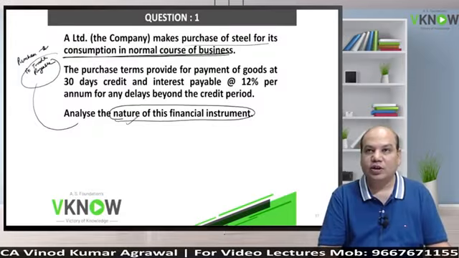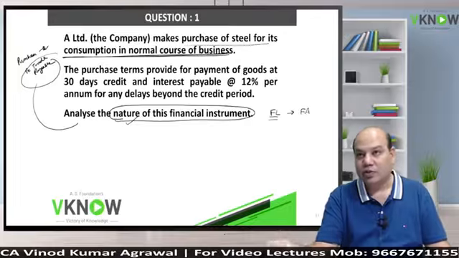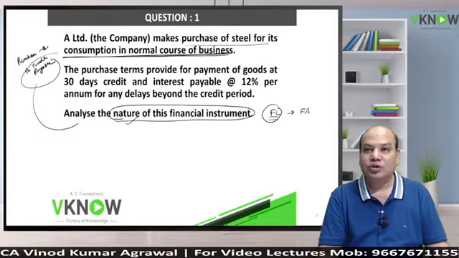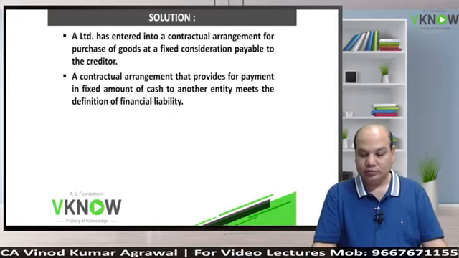So it is a financial instrument because it is a financial liability for one party and financial asset for the other party. And why is it a financial liability? Because there is a contractual obligation to pay cash in 30 days plus any interest if it is delayed. So the answer is yes.